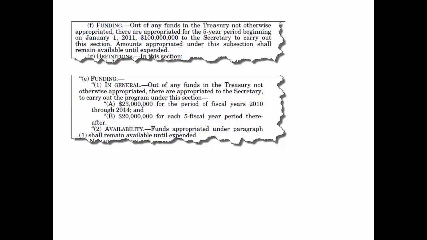So in these cases, the phrases "for the period of fiscal years 2010 through 2014" or "for each 5 fiscal year period thereafter" are not intended to determine the availability. Rather, they merely identify the year or years the funds become available.